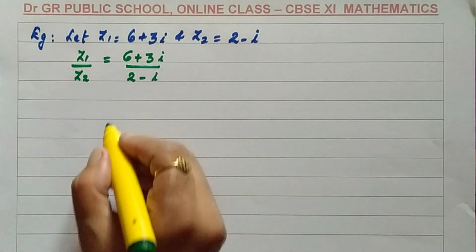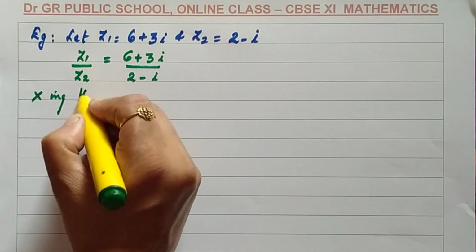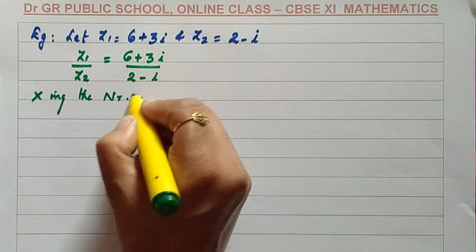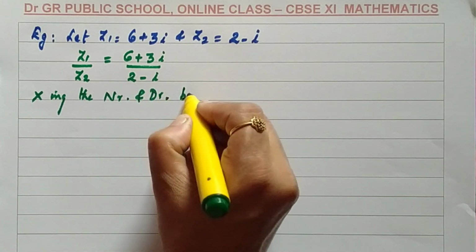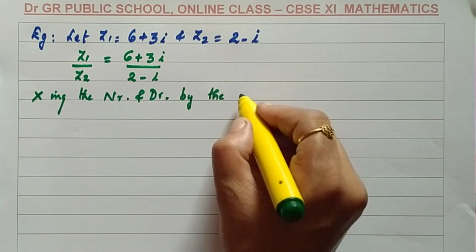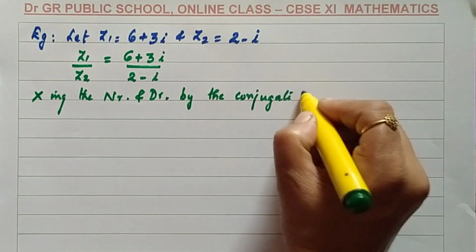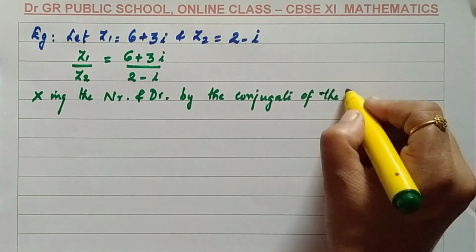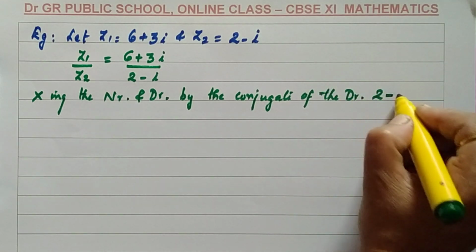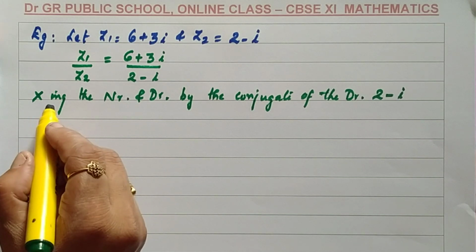Remember the property here. The first step is multiplying the numerator and denominator by the conjugate of the denominator 2 minus i. Always remember, this is the step which we need to proceed for dividing.